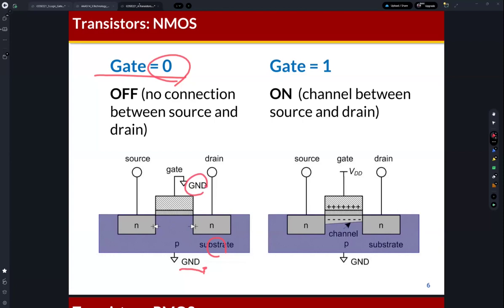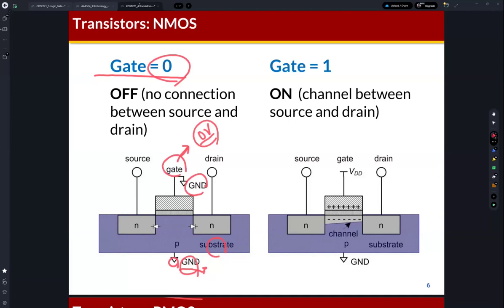So if we just check the voltage difference between the gate and the P substrate, the voltage difference is 0 volt, right? So actually, there are no changes in this transistor because there is no voltage difference.